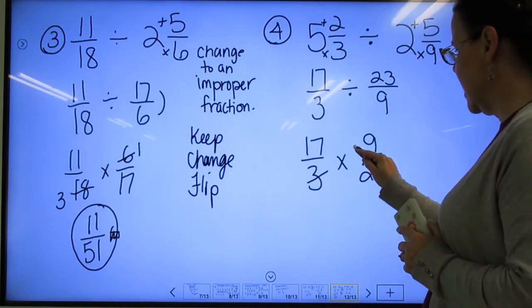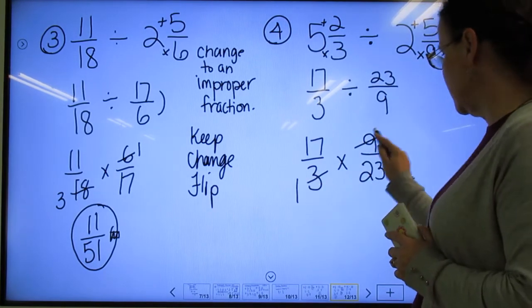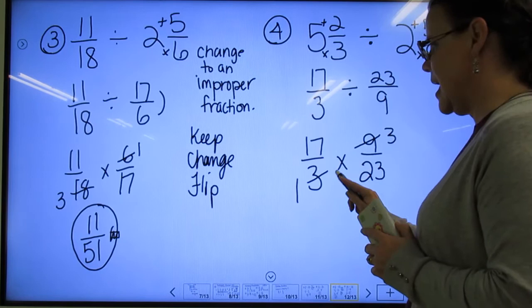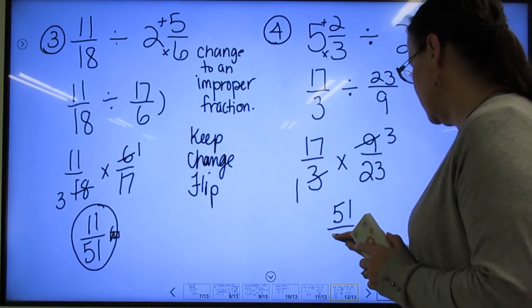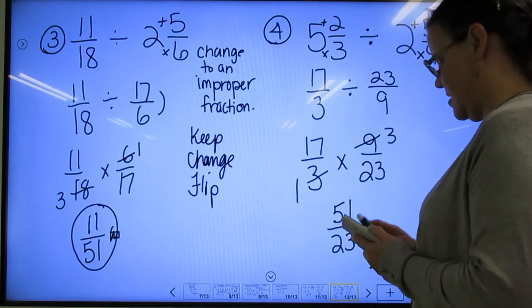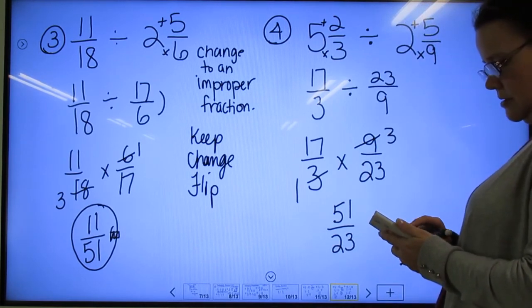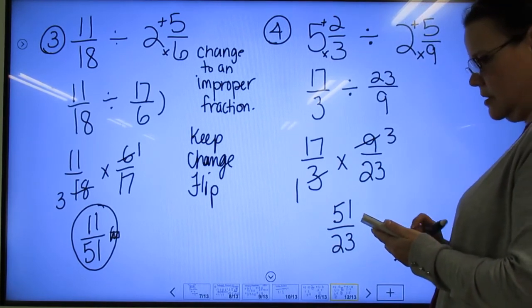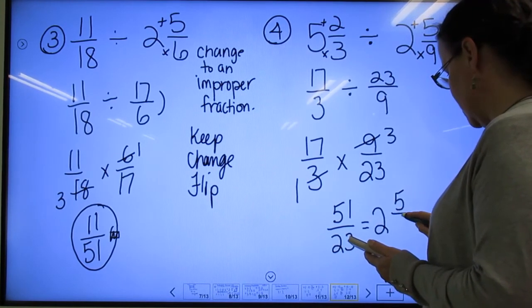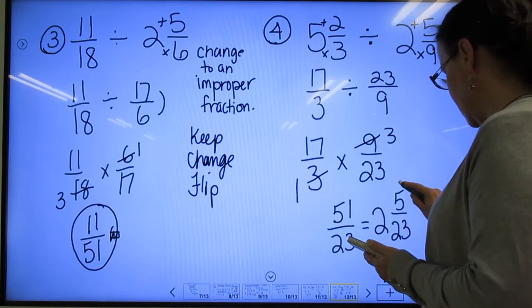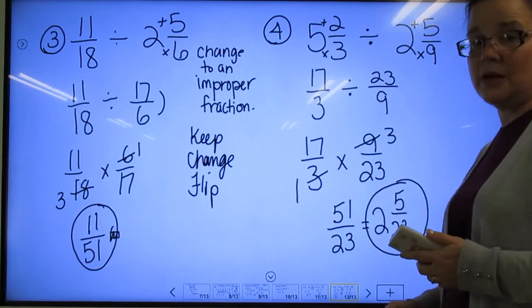And then again, cross reduce. 1 and 3, and I have 51 over 23, and it's kind of ugly, but it's going to be 2 and 5 over 23 for the mixed number answer.